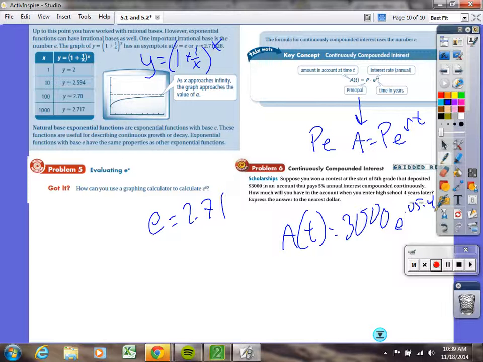And it's just a plug and chug now. So, somebody help me find that number. Nope. So you're going to go 3,000. This is what it'll look like. E, and then it'll go caret, and it'll go up in there. $3,664. That's where you're at.